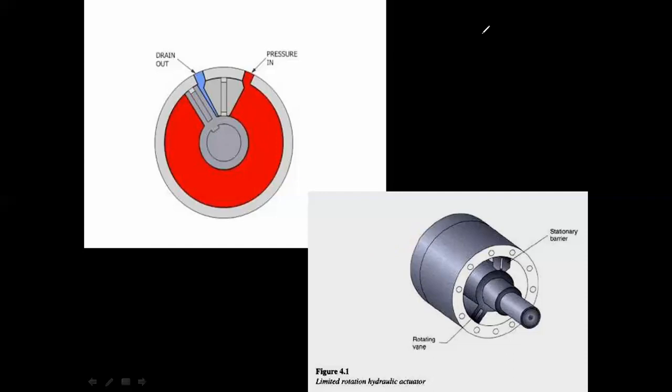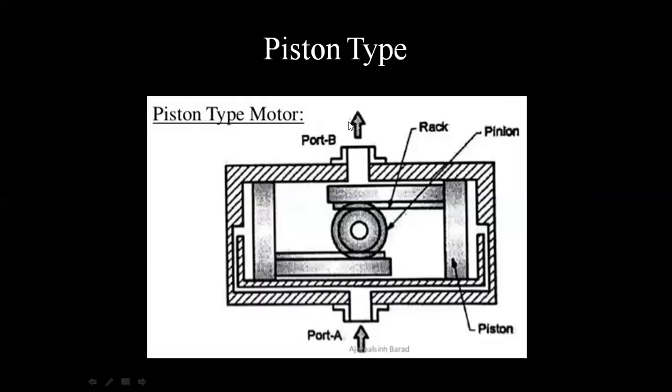So next comes the last type, piston type. This piston type is coming from limited rotation hydraulic motor. Compared to other types, what is involved here is a rack and pinion arrangement. So we all know, a long shaft that is geared, and then another circular gear.